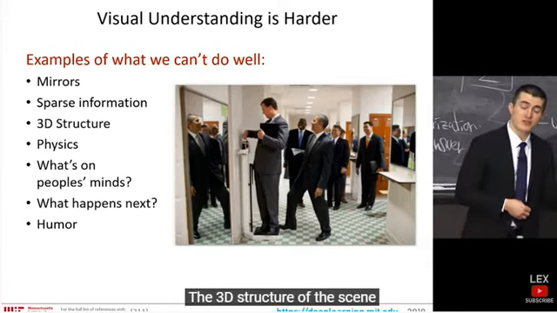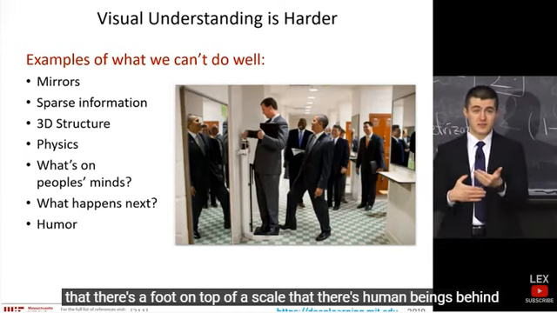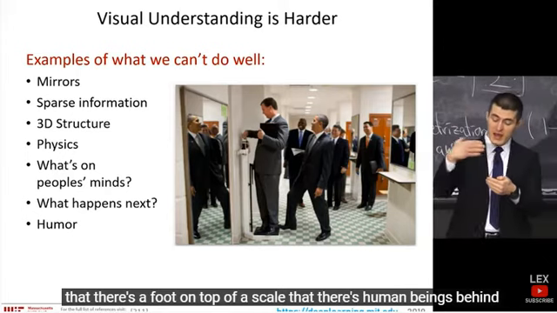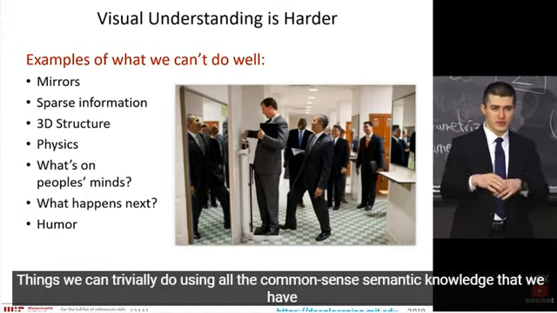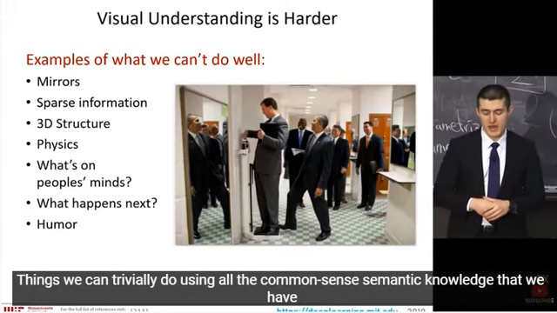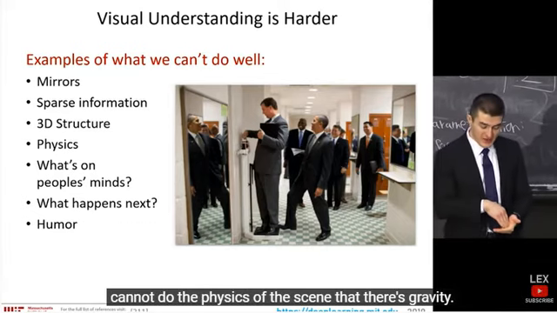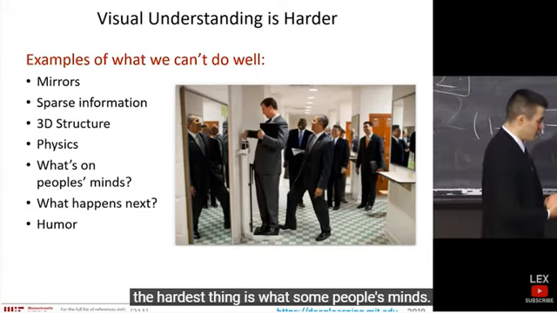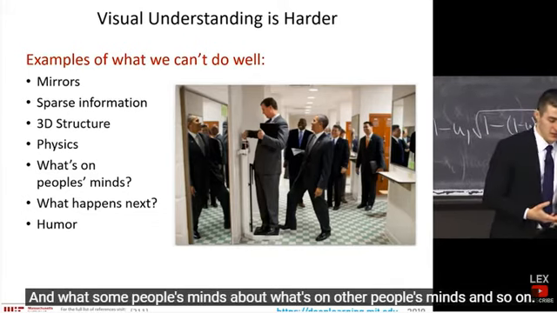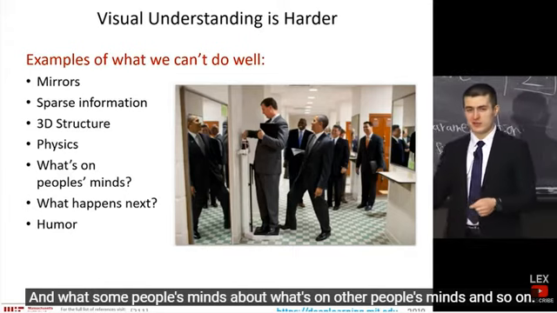The 3D structure of the scene, that there's a foot on top of a scale, that there's human beings behind, from a single image, things we can trivially do using all the common sense semantic knowledge that we have, cannot do. The physics of the scene, that there's gravity, and the biggest thing, the hardest thing, is what's on people's minds. And what's on people's minds about what's on other people's minds, and so on.